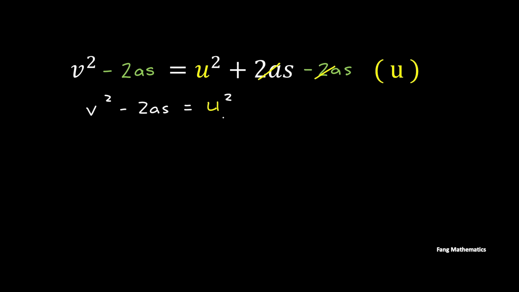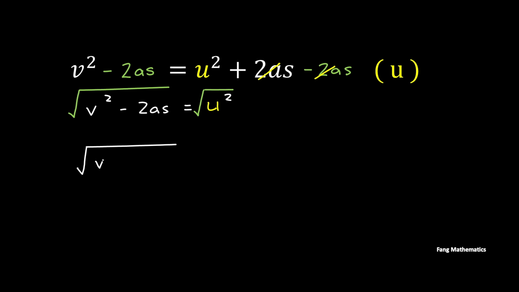And the last step, we want to remove the power 2. So we are going to apply square root on both sides of the equation. On the left-hand side, you cannot simplify this further, so let's just leave the answer in square root.